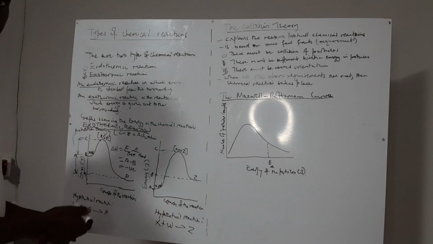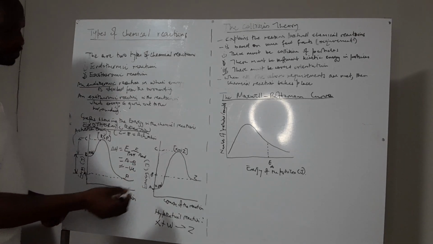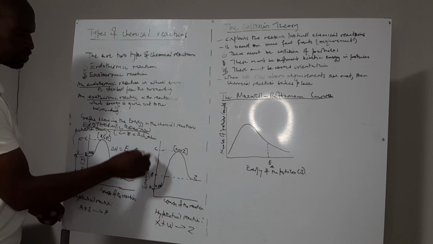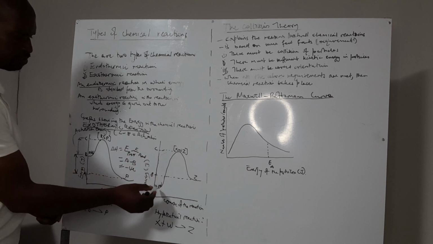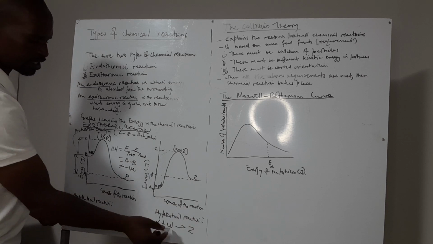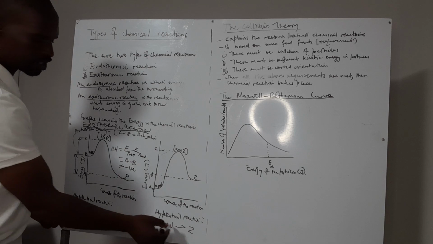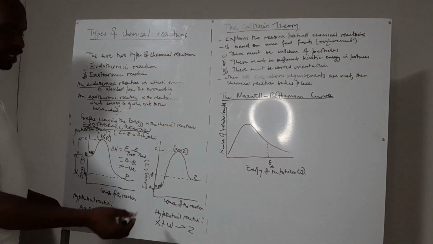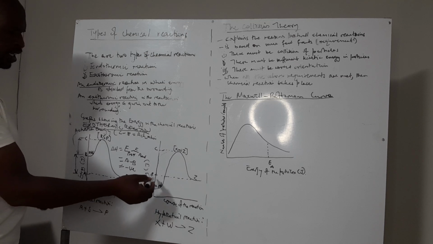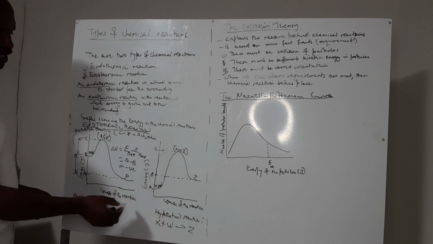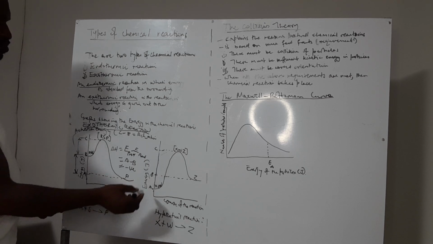Let's go to my energy curve on my right. If you look at this one again, I had my reactants in my hypothetical reaction, which are X and W, that reacted to form a new substance that I called Z. The energy of the reactants in this case is A, which is much lower.